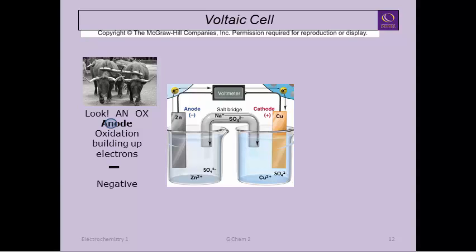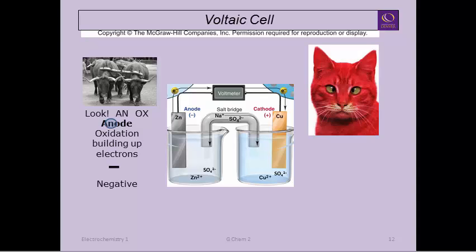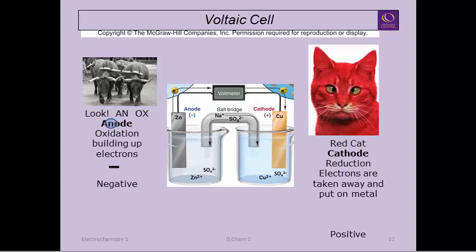That might help you remember within the word anode, there's a little N hiding there to remind you of that. Then on the other side, you've got a red cat, which is a reminder that reduction takes place at the cathode. Because it's gaining electrons, that particular space is positive in nature. And just a reminder that if I look at that T as if it's a plus sign, it's a mnemonic to remember the charge on it.